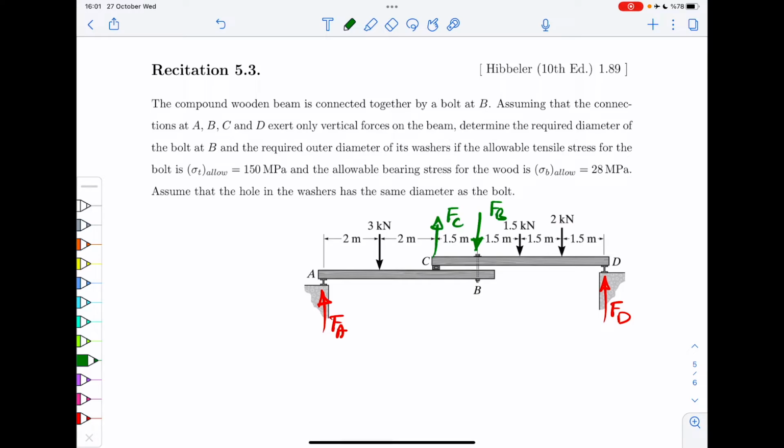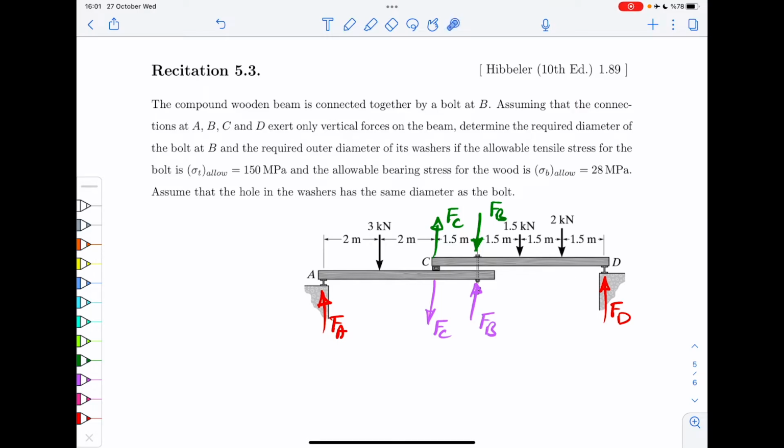For the lower part, I use a different color. So FC for the lower part would be then the opposite of what it applies to the upper part. So that would be then downwards. And the same with FB. So this would be now upwards.